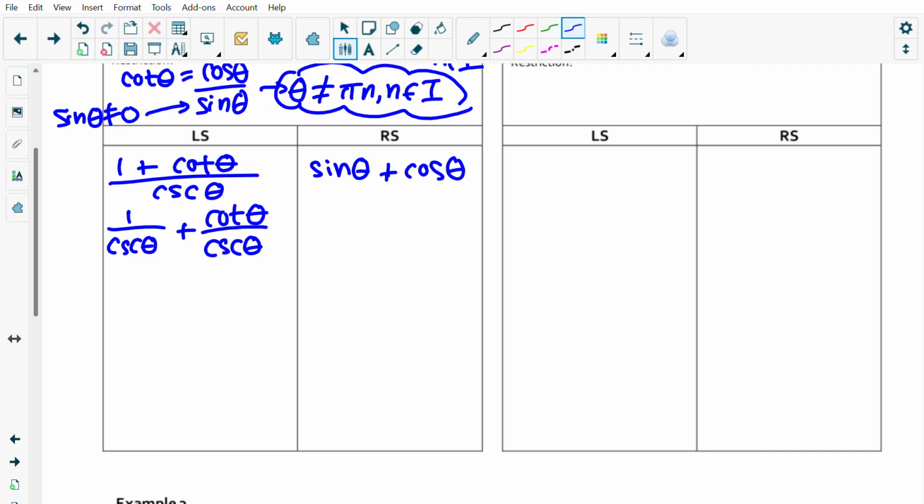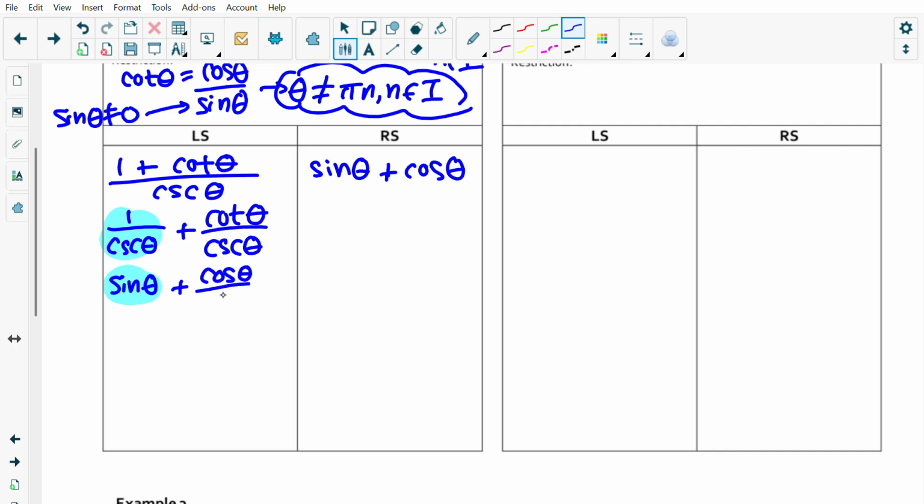Okay, so a small little algebraic step here. 1 over cosecant of theta, that's my reciprocal identity. So that's sine of theta right there. And then plus, let me do some quotient identity.